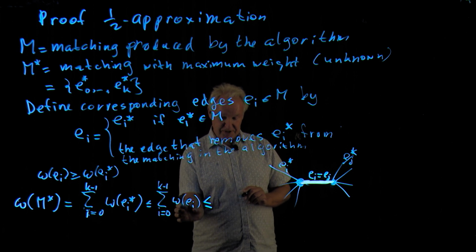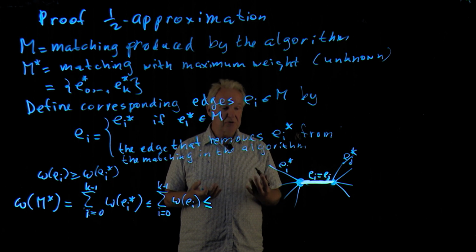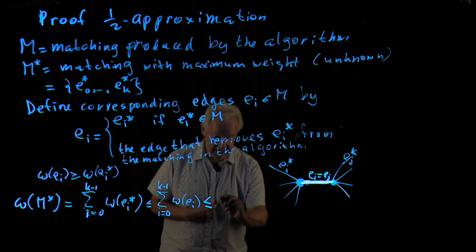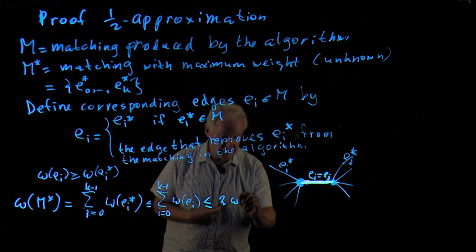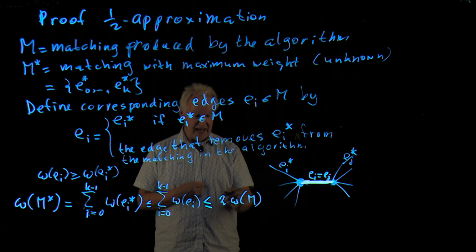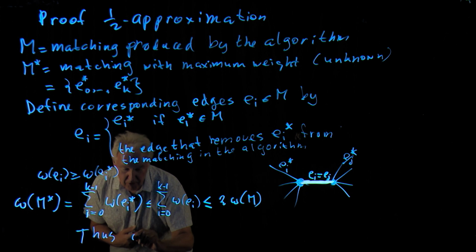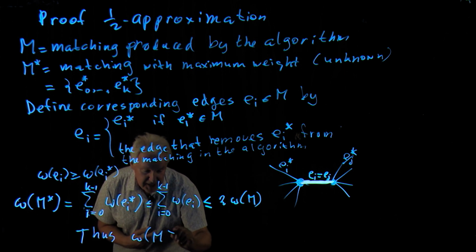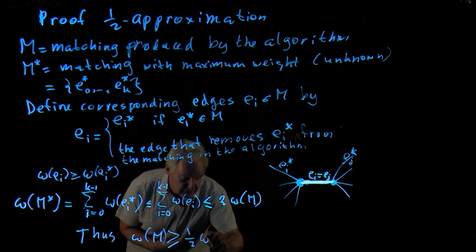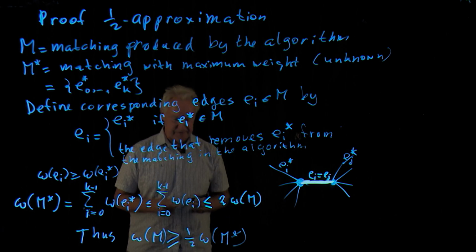So I get a subset which is at most twice the whole set M produced by the algorithm. So this is less than 2 times omega of M. And here we have it. Thus, omega of M is larger than or equal to half the omega of this unknown but optimal matching.